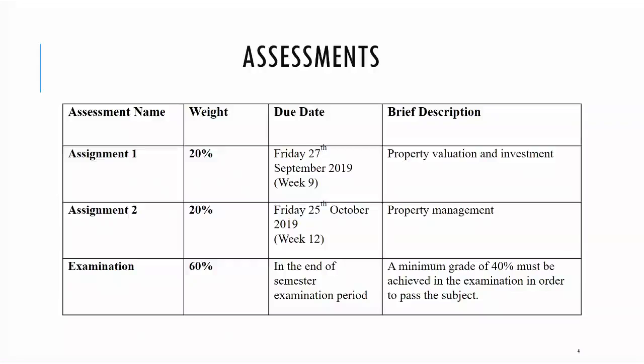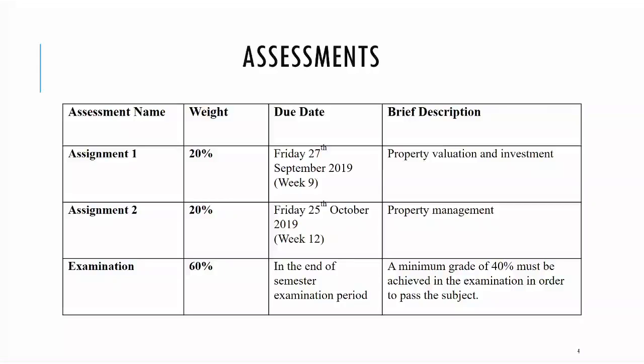Assessments. There are 3 assessments: 2 assignments, plus a final examination. All the assignments are individual assignments. There are no group assignments for this subject.